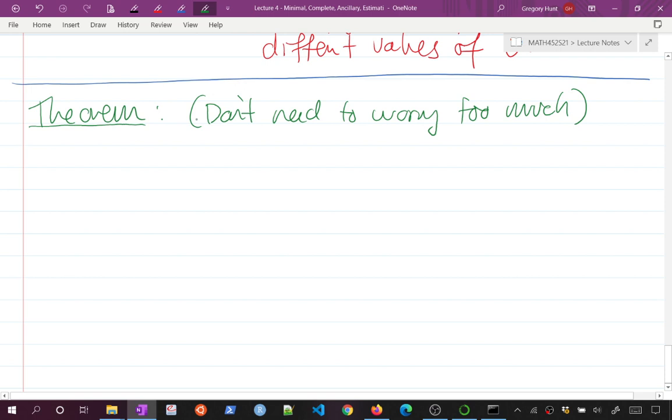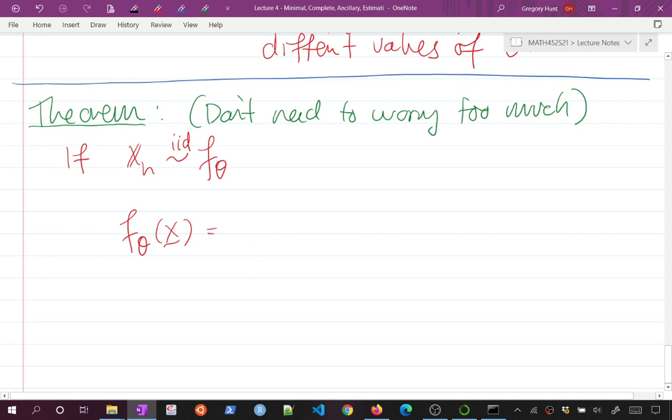The theorem basically says that if my data, my random sample, comes from some f theta, and f theta is an exponential family, so that f theta of x, what did I say?